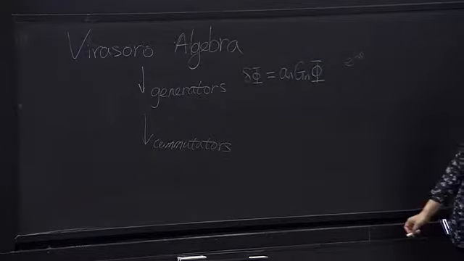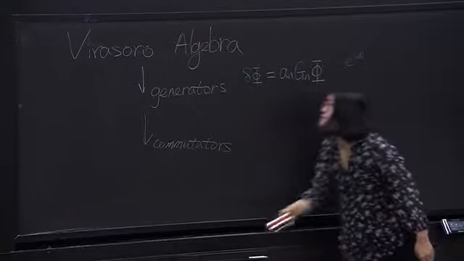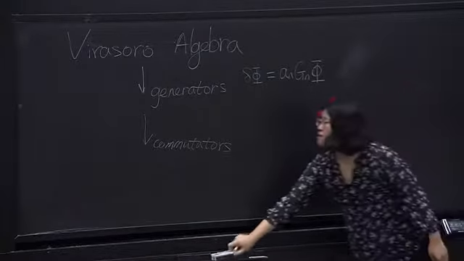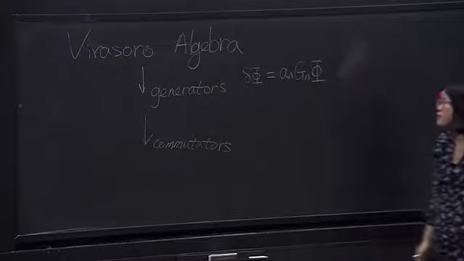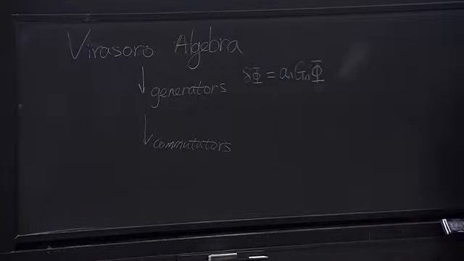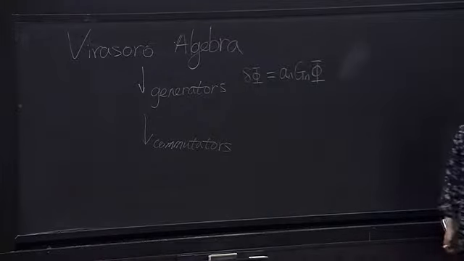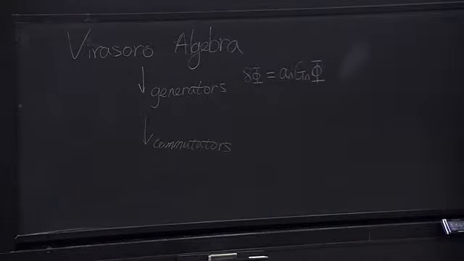Right? So it's always coming with some infinitesimal parameters, and then you wonder how the generator acts on phi, and that's just how much the phi will change. So that's how we're going to find our generators.